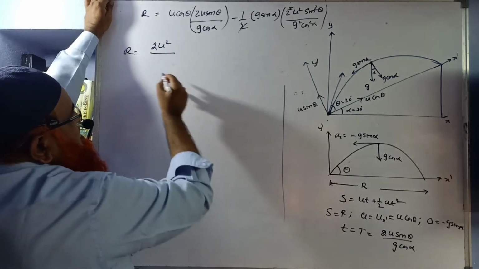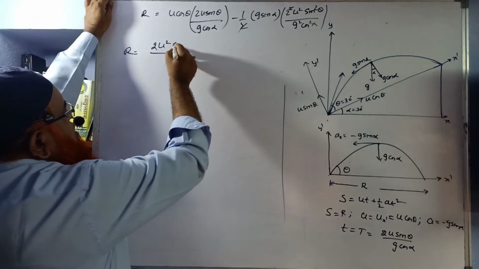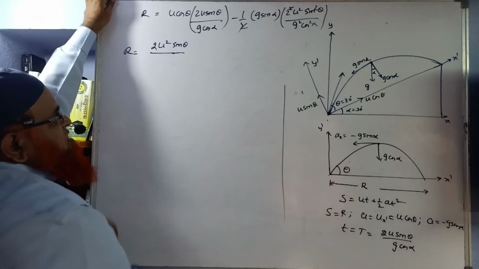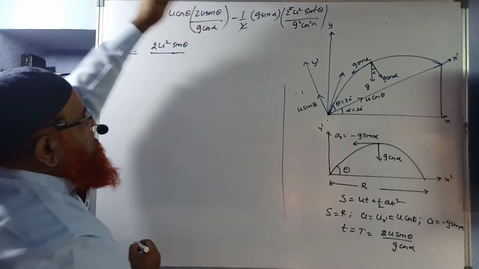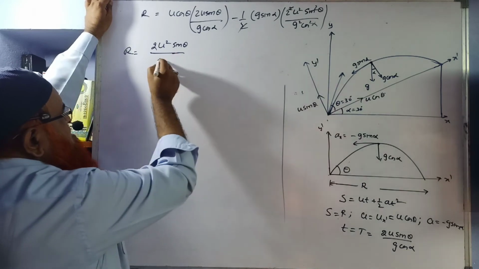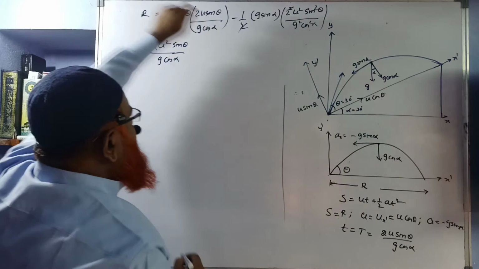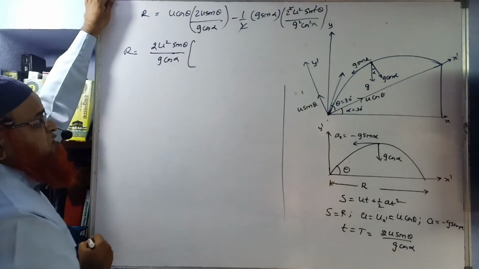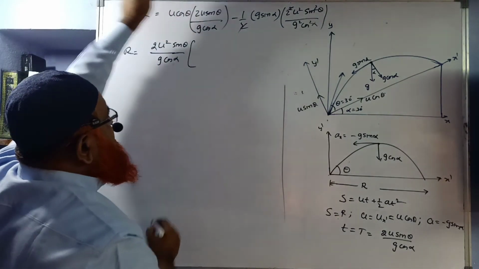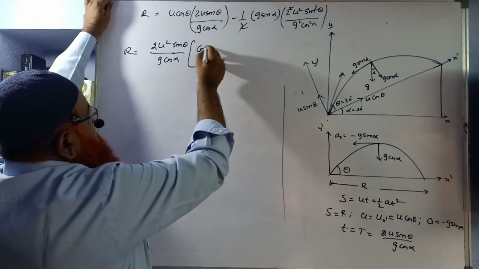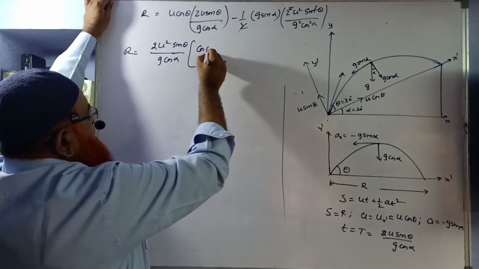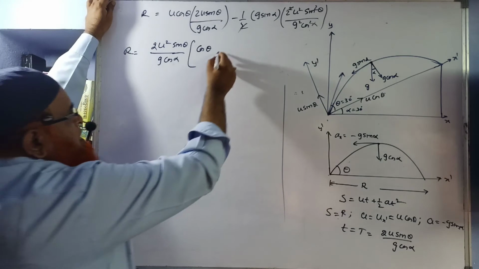Then in the numerator, what are the things you can common out here? Sin theta you can common out here, isn't it? Sin theta you can common out there. But in the case of the denominator, only g cos alpha you can common out, because it is present here as well as there. So if you complete this in the form of brackets, what is left here? You are going to see that cos theta is left.